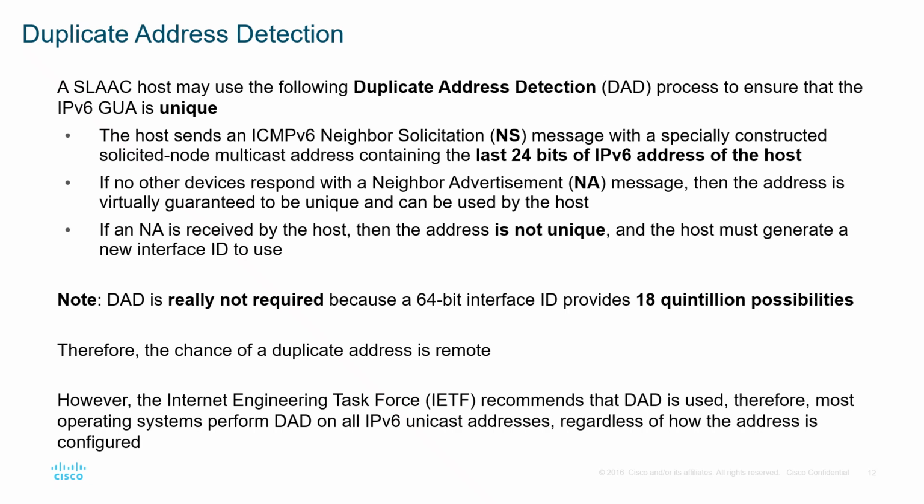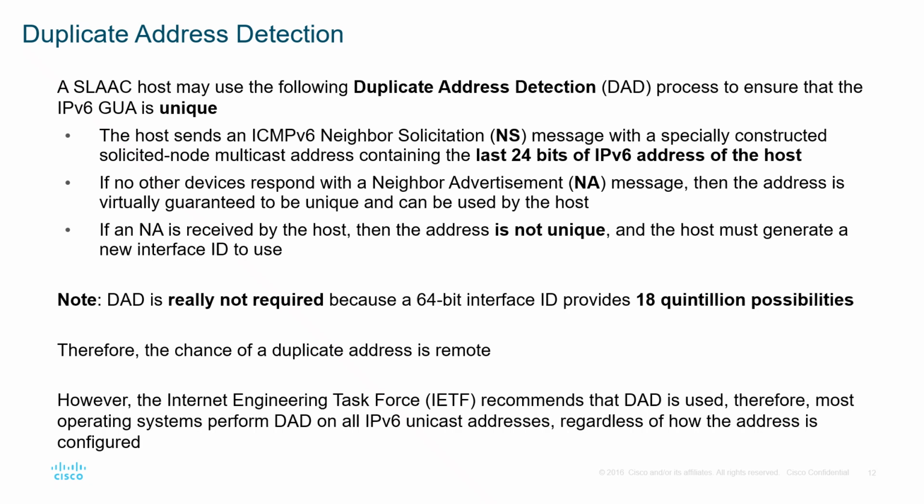Now, a SLAAC host may use the following duplicate address detection process to ensure that the GUA is unique. The host will send a neighbor solicitation message with a specifically constructed solicited node multicast address containing the last 24 bits of the IPv6 address of the host.